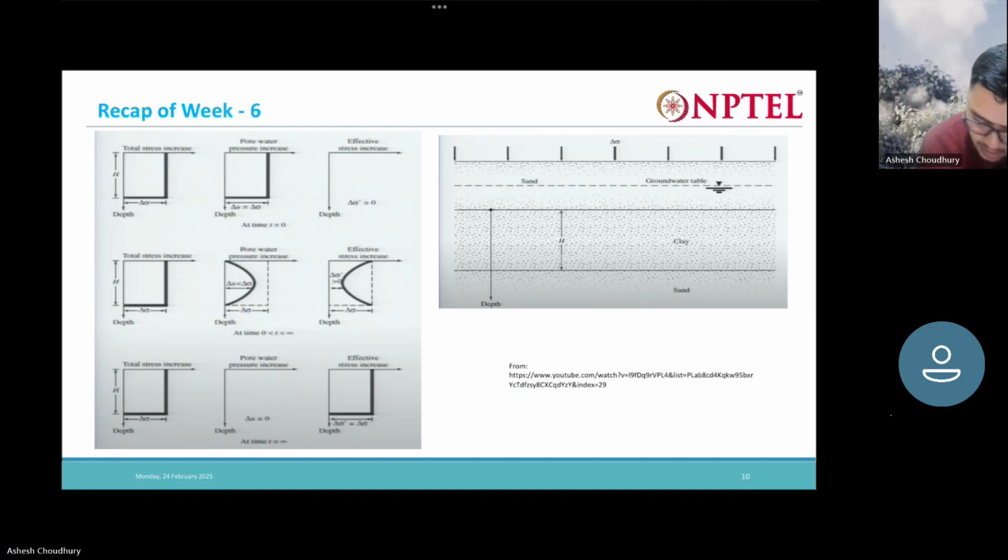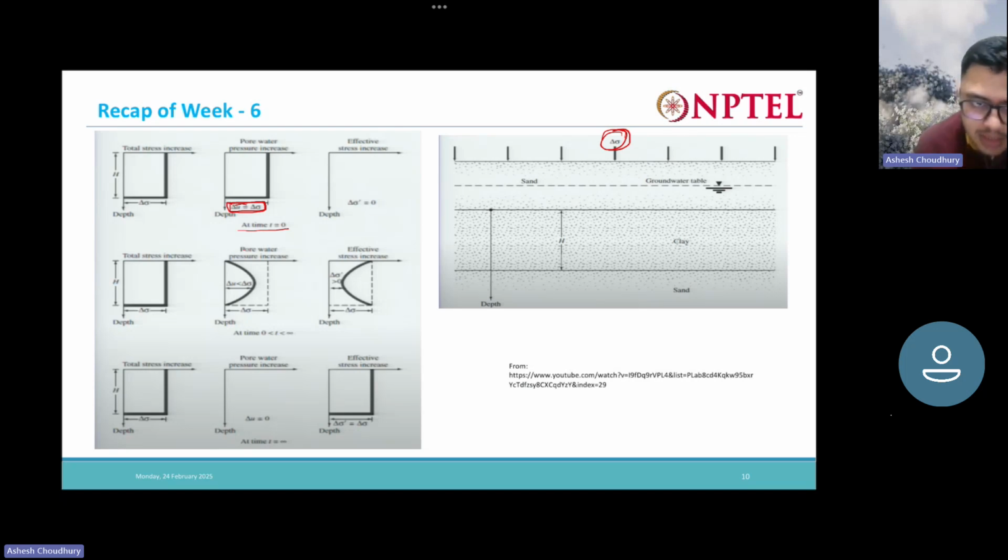At time t is equal to 0, as soon as we apply this load, you are seeing that the pore water pressure is equal to the applied stress.